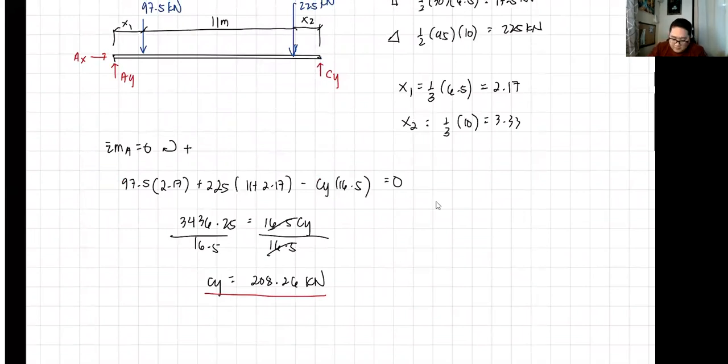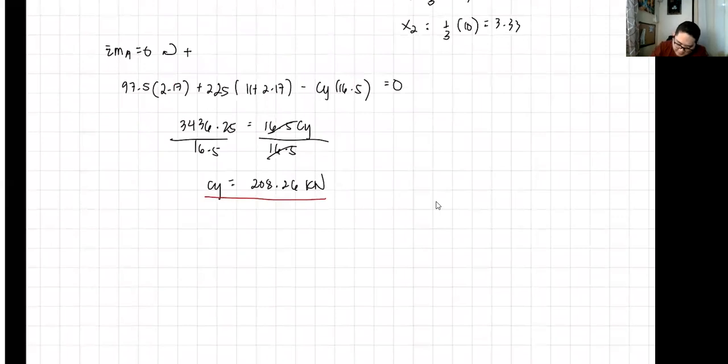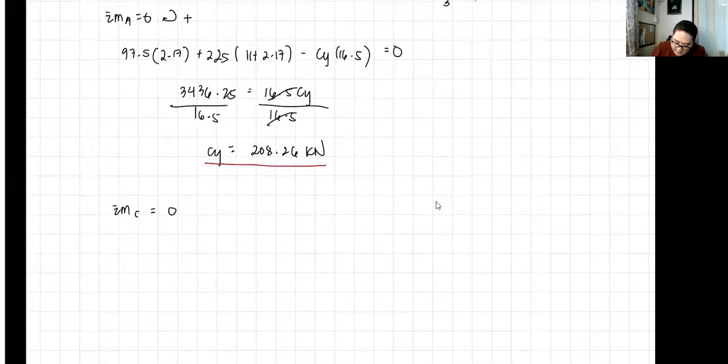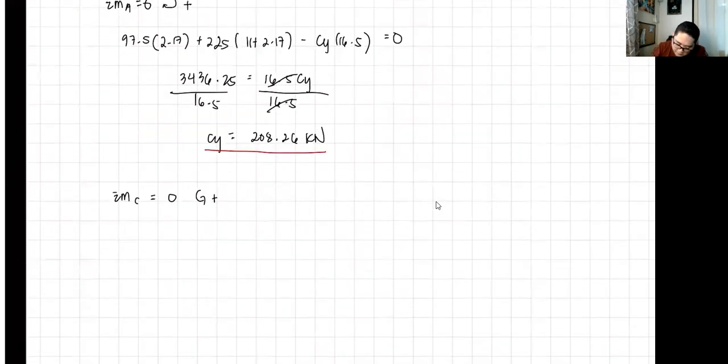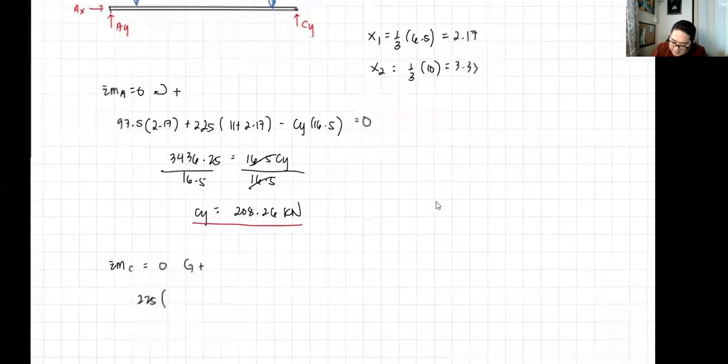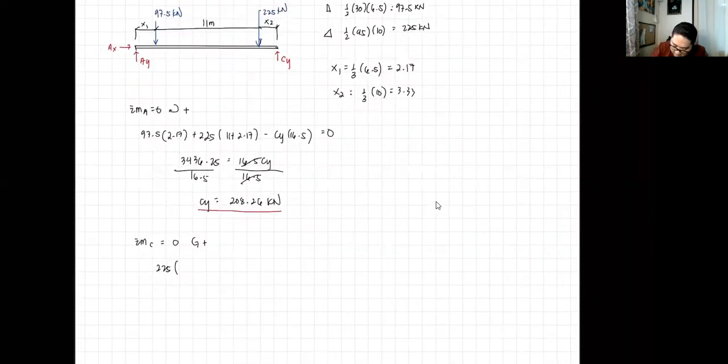And then next is our other support. Summation of moment about C equals 0, taking counterclockwise as positive. So we have our 225 times our x2, which is 10 over 3 or 3.33, plus the 97.5 times its travel of 11 plus 3.33, minus AY times 16.5. And AX, since it lies along the point, will be 0.